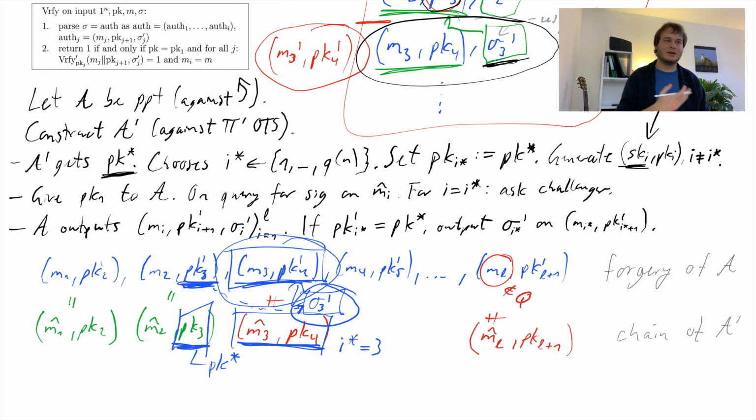So overall, if we're lucky and our I star happens to be equal to this position in the chain where the first deviation happens, then the signature that we output is exactly the forgery.